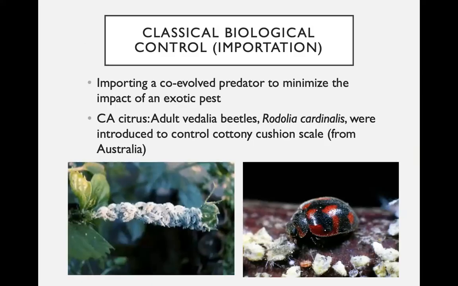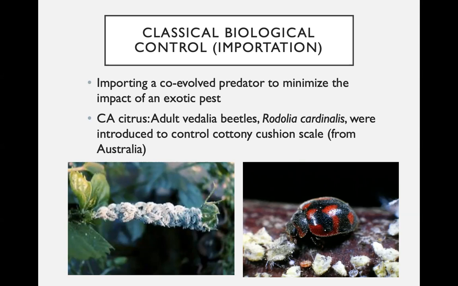All right, another form of biocontrol usually deals with trying to manage a pest that is an exotic pest, so an organism that's been introduced from outside of our region. This is called classical biocontrol or importation. And this kind of goes back to thinking about why pests are so successful.